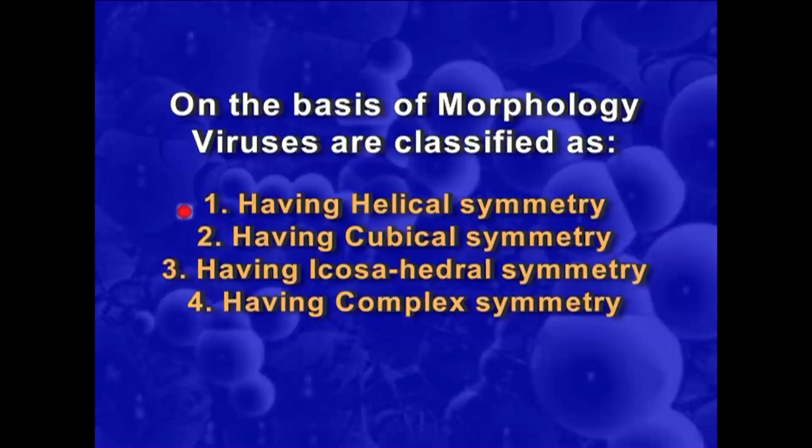On the basis of the morphology, we have seen that they are classified as having helical symmetry or cubical symmetry or icosahedral symmetry, or they were called complex symmetry bearing viruses. But this classification has nothing to do with the molecular biology of the virus, and their mode of establishment inside the host is not being mentioned in this classification.